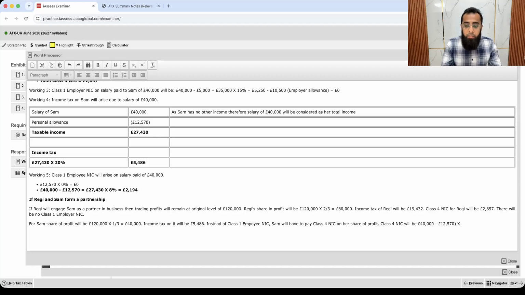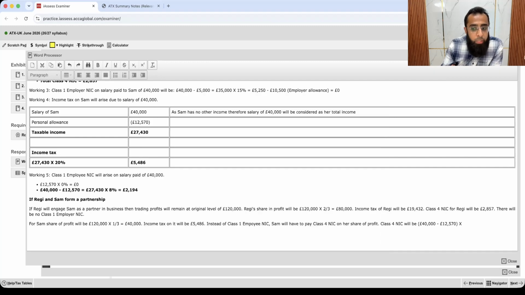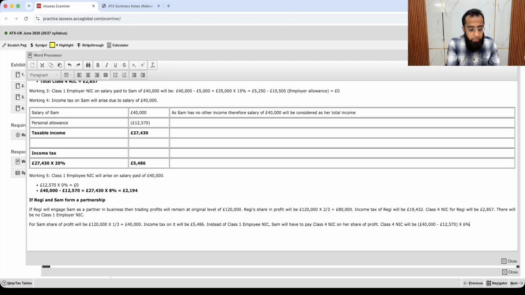And on the remaining, what is the rate of class 4 NIC? That is 6%. So that will be 6% class 4 NIC. So instead of 8% class 1 employee NIC, Regi will have to pay class 4 NIC.